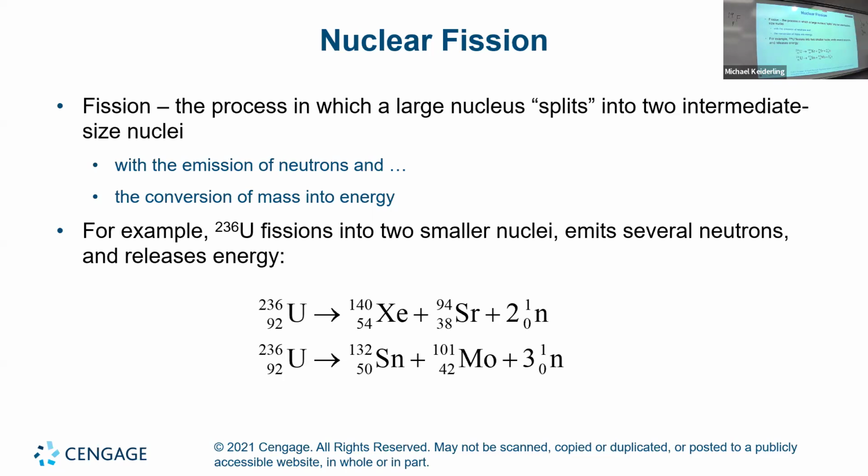So the classic nuclear fission is uranium-236 fissions into two smaller nuclei, emits several neutrons, and releases energy. Uranium-236 is formed when uranium-235 gets hit by a neutron. So what we use to cause this is uranium-235.